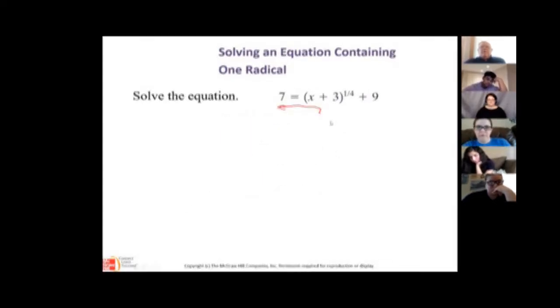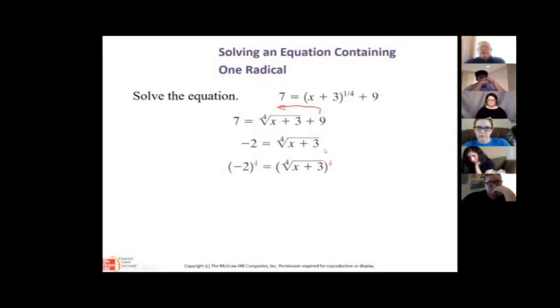On this problem, you need to get the 9 and the 7 over here together, so you've got the radical isolated. Now I'm going to take both sides to the 4th power. That'll give me x plus 3.